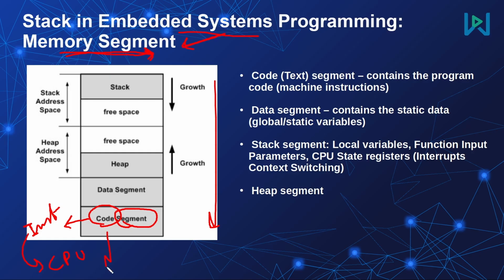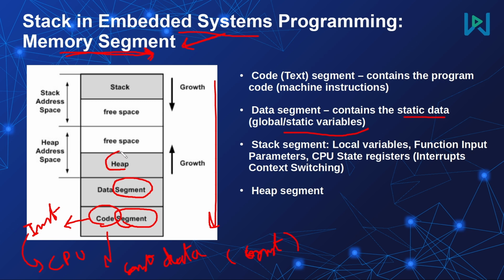This code segment may contain as well any kind of const data, and const data is the data that is marked with the const type qualifier. We'll have another memory segment allocated for the different static and global variables needed by our program.